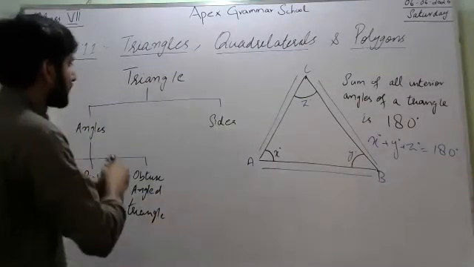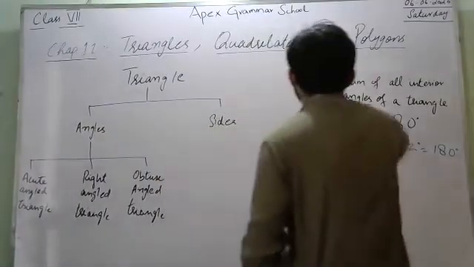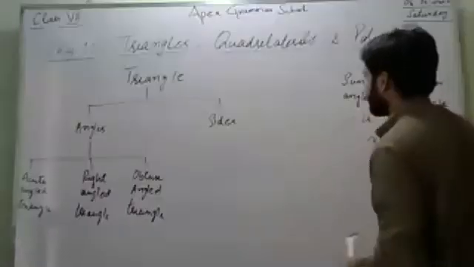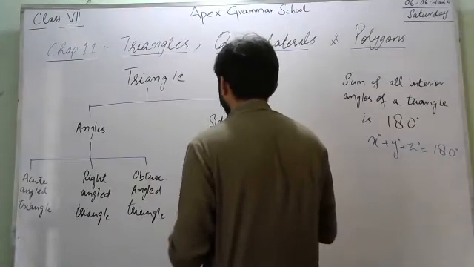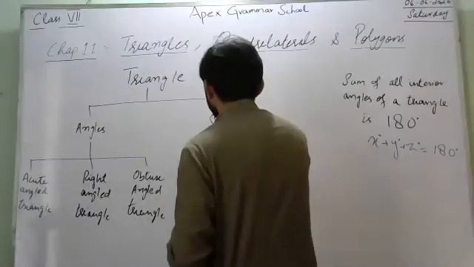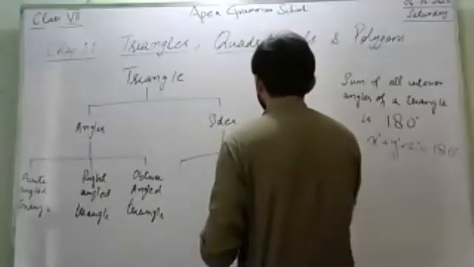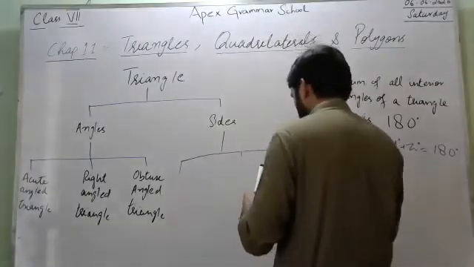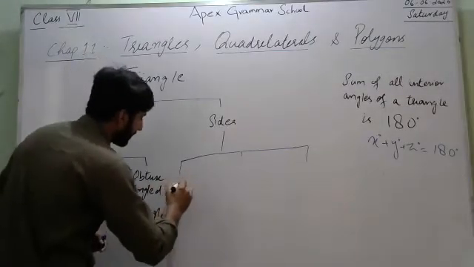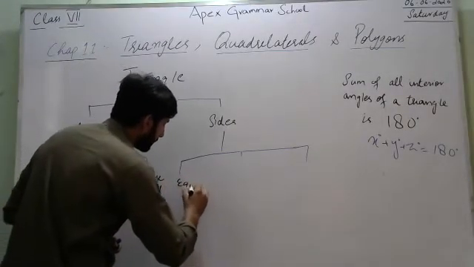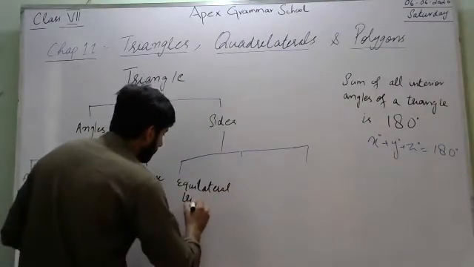Now on the basis of sides, further division into three parts. Number one is equilateral triangle.